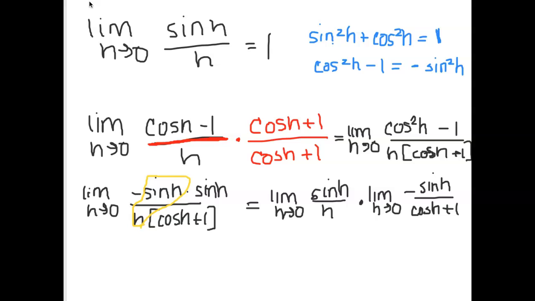Remember, I'm not adding or subtracting. I'm multiplying all of this. So if I just moved out that middle limit, the multiplication hasn't changed. We said sine h over h is 1. So this limit becomes 1.